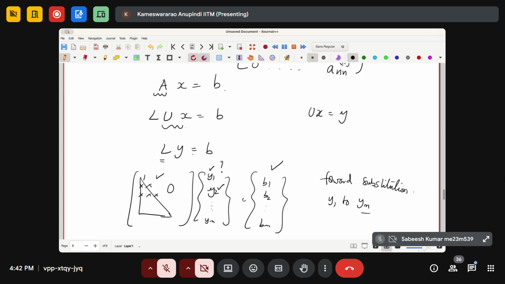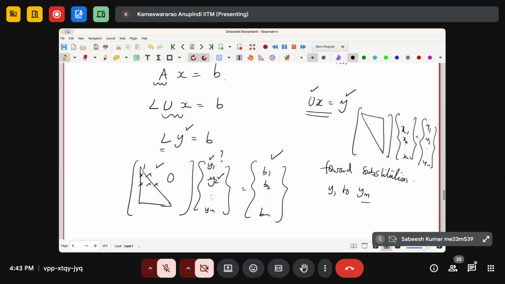So once I know Y1 to Yn, I know the Y matrix, and then I'm going to plug it back here. Now I already know U, because A is decomposed into L and U. I know completely the values of L and U. Then here I have Ux equal to Y, where the right-hand side is known and U is known. U is an upper triangular matrix. That means I know all these values times X, that is X1, X2 all the way to Xn, equals on the right-hand side Y1, Y2 all the way to Yn, right?